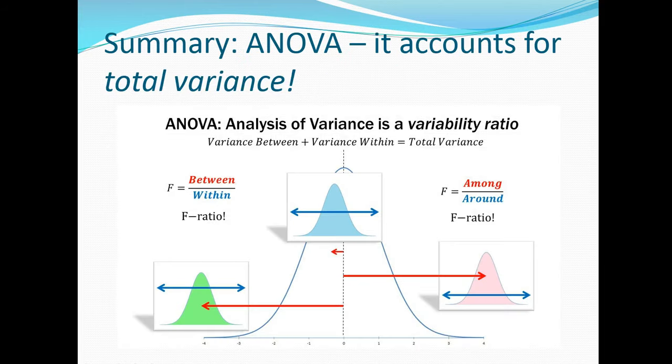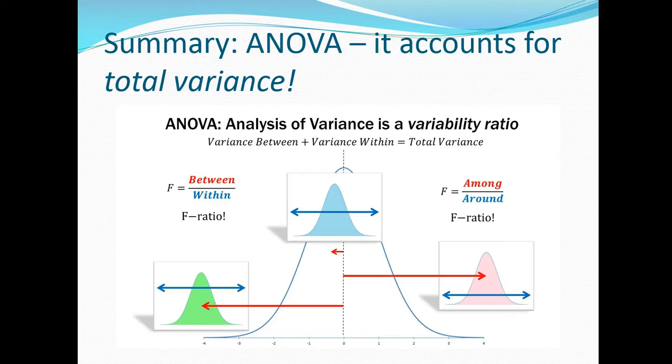So here is a graphic representation of how ANOVA accounts for the total variance. Your blue signifies within, the analysis of the variance within, and then the red arrow signifies how ANOVA accounts for the variance among. Among is for 3.